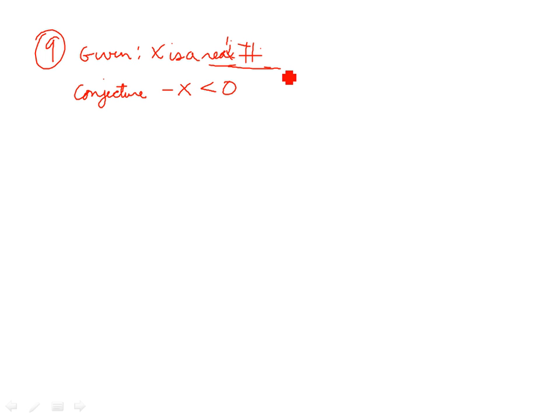So if we pick one, maybe we pick something like 2. Well, if we stick 2 in there for x, then that would be less than 0, but just because it works for that one doesn't mean it works for everything. And the counterexample that we could come up with to show that this is false is if x was a negative number.